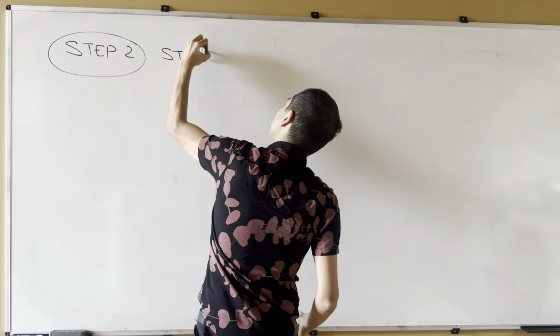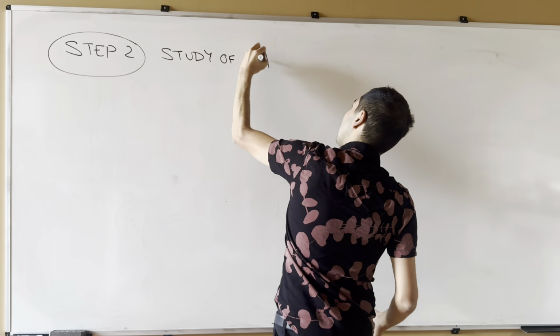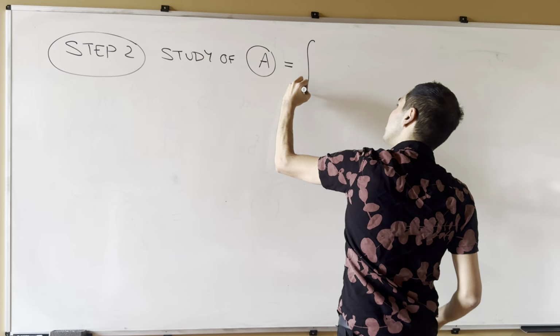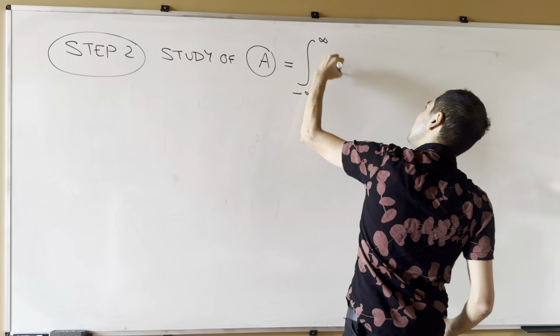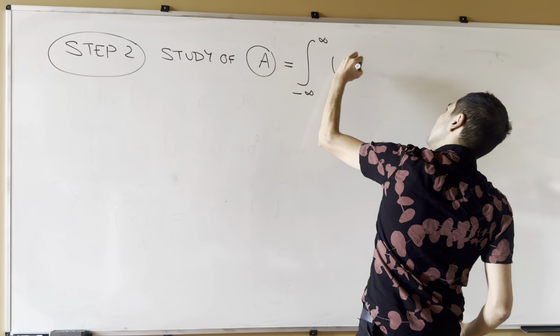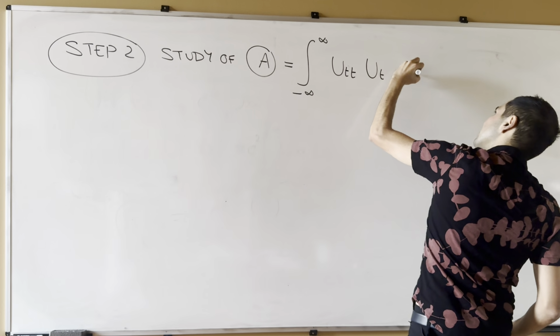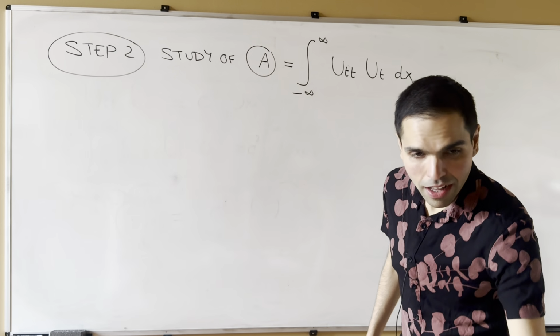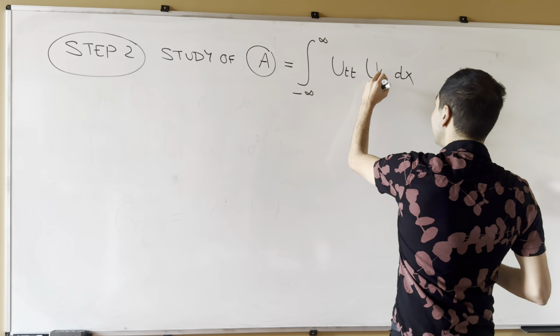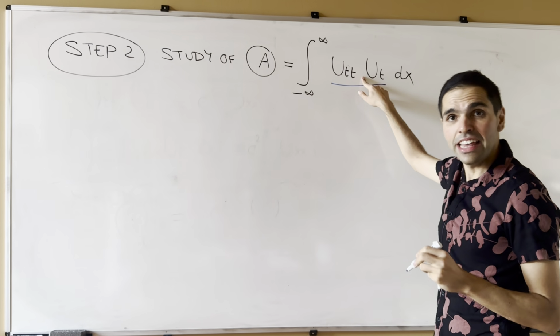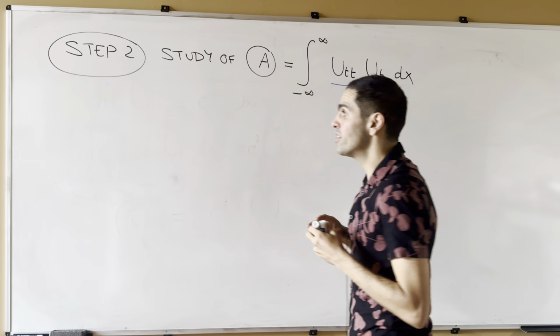Okay, so step 2. Study of A, which I like to remind you is the integral from minus infinity to infinity of u_tt times u_t dx. The idea is to write this as a single t derivative.